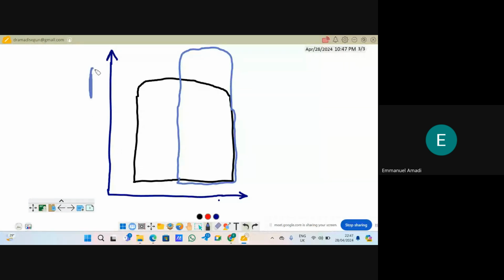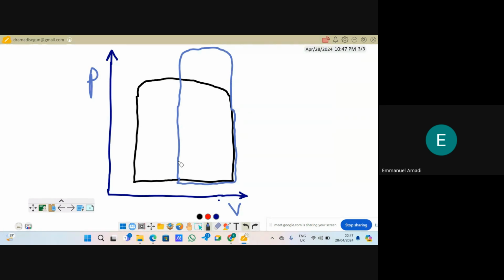Remember, this vertical is pressure, the horizontal is volume. What this simply means is that the pressure has gone up more than normal. Remember, your afterload is a function of pressure. Your afterload is the pressure that the heart needs to overcome to pump out the blood. So you can classically see that in this blue curve, pressure has gone up.